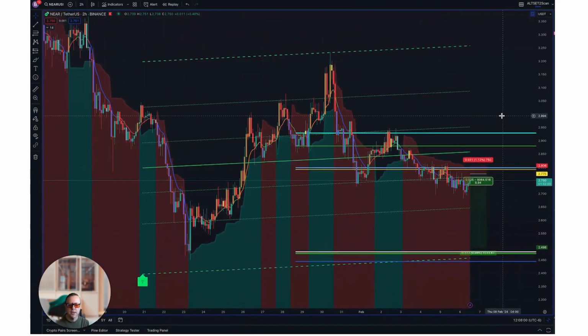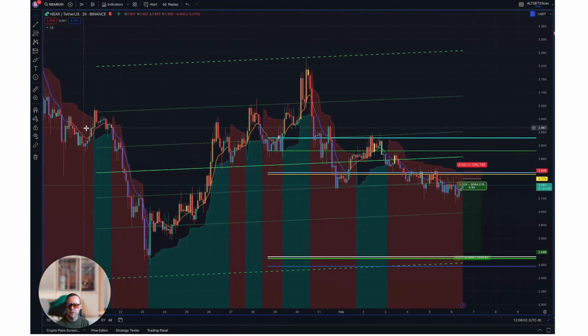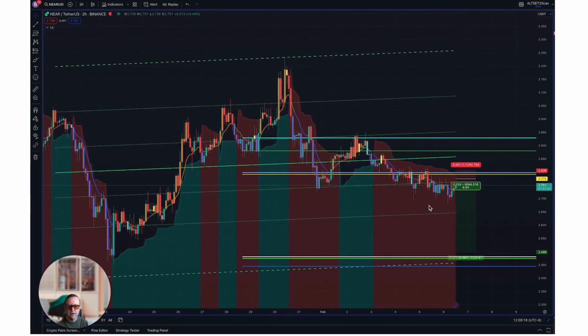So do I have room in my channel for this trade to make sense? I do. Based on a very long term, I have room to go down here. And I have these pressure lines backing my play on a take profit zone. So if I know that I have room to go down there, this is perfect.